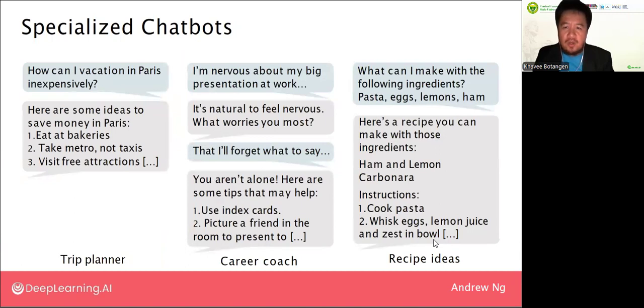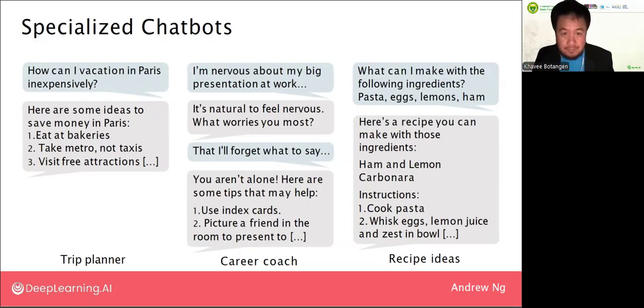Another example of a specified or specialized chatbot would be one designed to help plan trips. For instance, you could ask, how can I vacation in Paris on a budget? A bot could be built with expertise in travel to provide such advice.